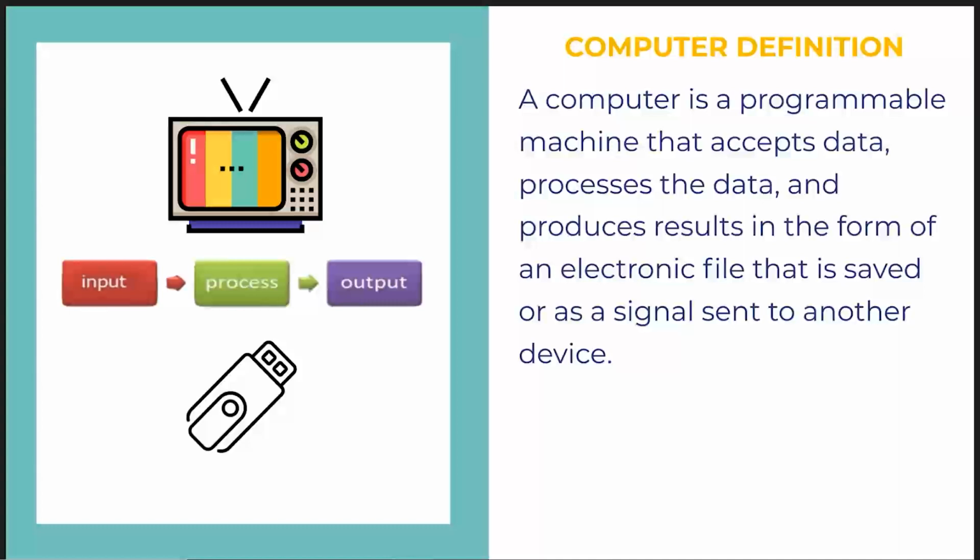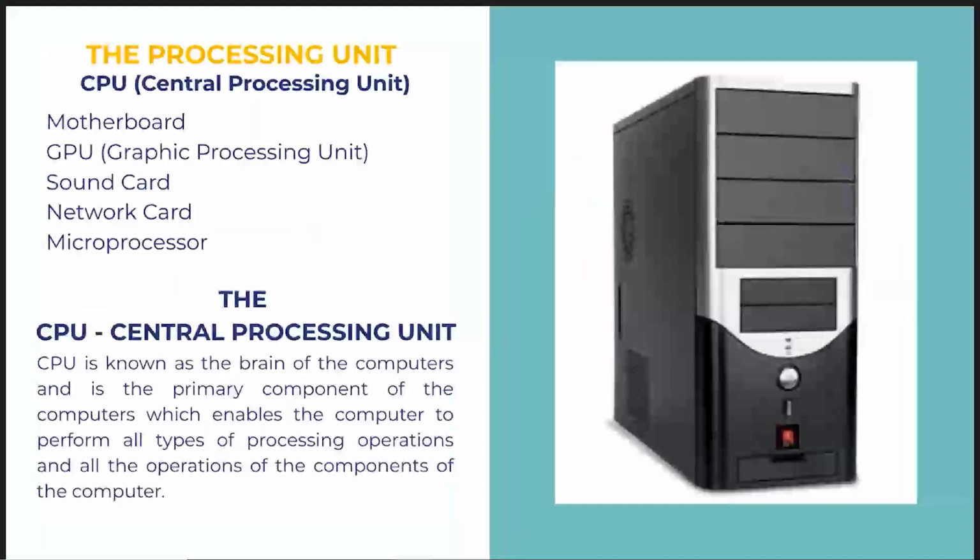Now, the processing is where all of the calculations take place. But what does this processing for us? The processing of a computer is done by the CPU. The CPU is known as the central processing unit, or as people like to say, the brain of the computer. The CPU is divided into about five separate parts.